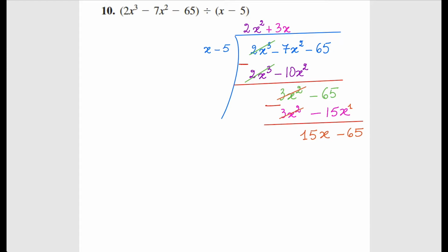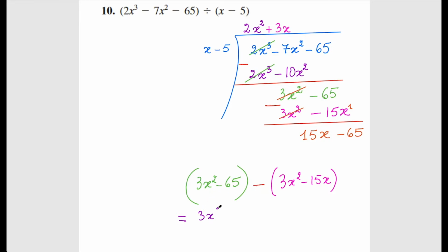So if you do it horizontally, I'll do it one more time. The green part, which was 3x squared minus 65, I'm gonna subtract from this the pink guy, which is 3x squared minus 15x. I'm showing you what I've done vertically, just to build that intuition into doing things vertically after that. So what do we get here?